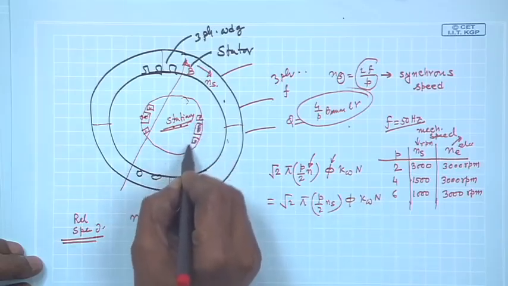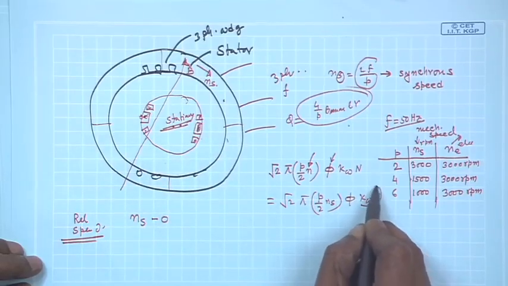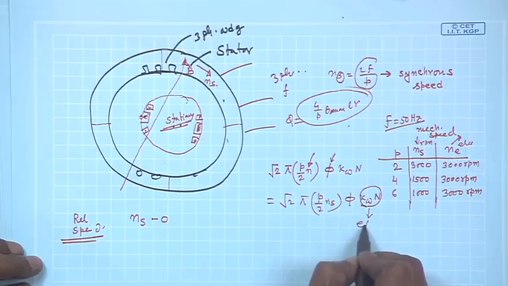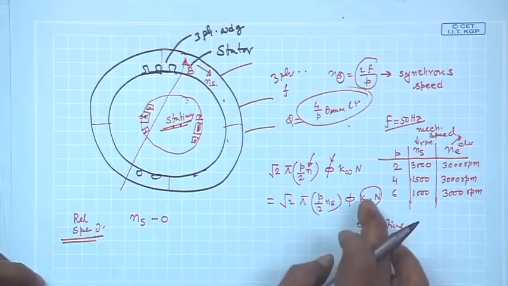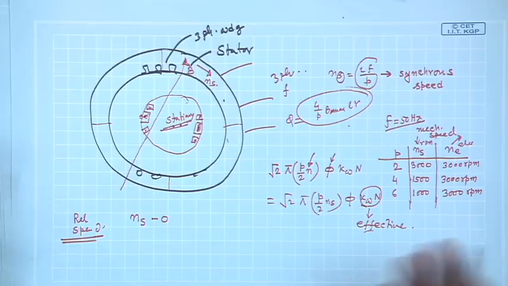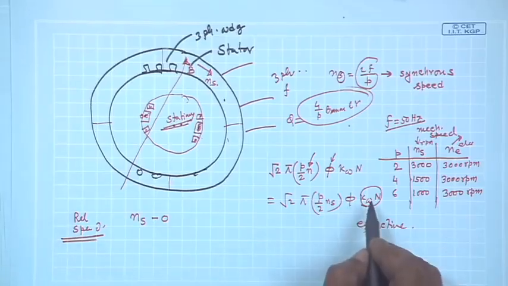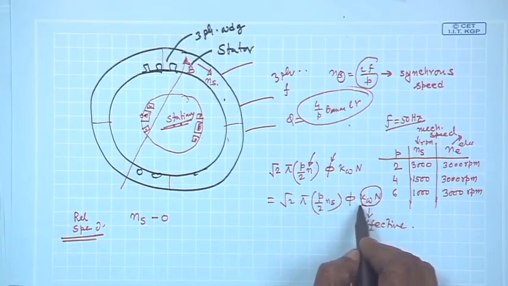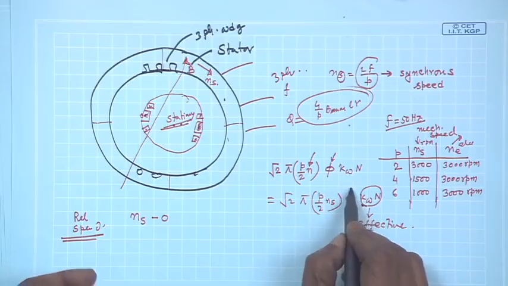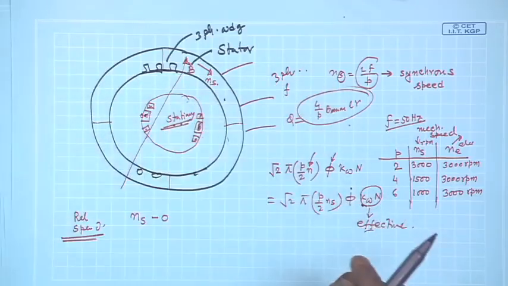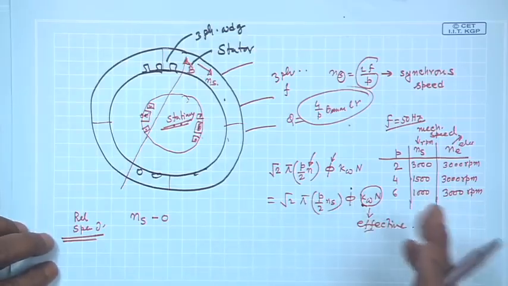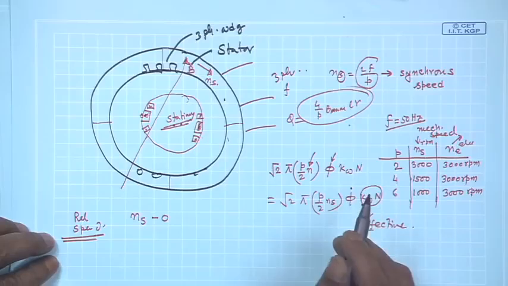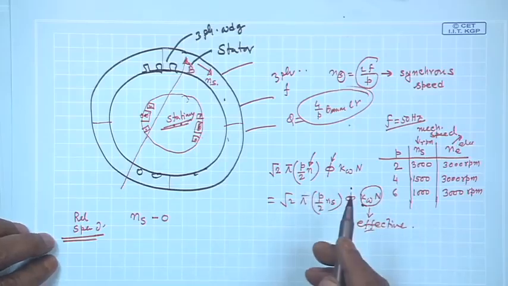N is the number of turns. k_w N is sometimes called the effective number of turns, because of the distribution and pitch factor of the coil, the actual number of turns is reduced. That way also people take the physical count of the number of turns and multiply with k_w. Phi is the flux per pole because of B_s. Therefore, I will be in a position to calculate induced voltage in a coil.